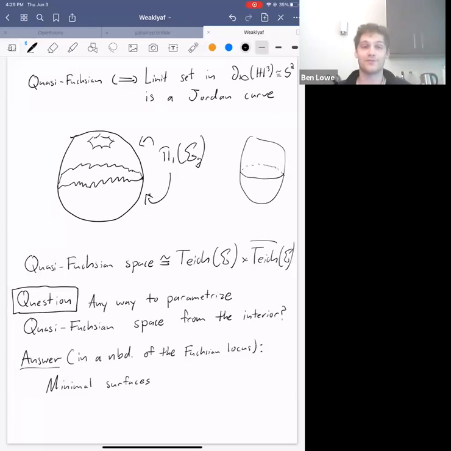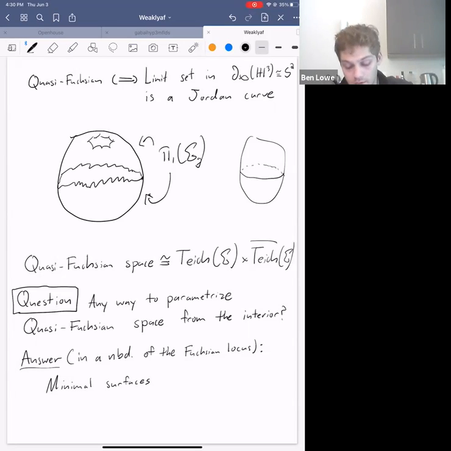So the upshot of what I just said is that for each of the two ends of our quasi-Fuchsian manifold, they're limiting to these conformal structures that we see in the universal cover by looking at the action of pi1 of the surface on the boundary at infinity.